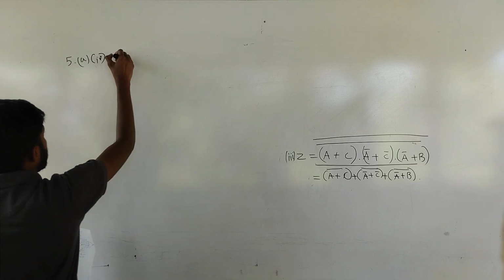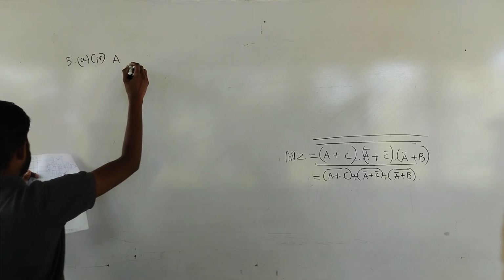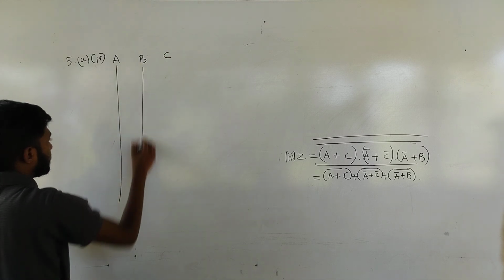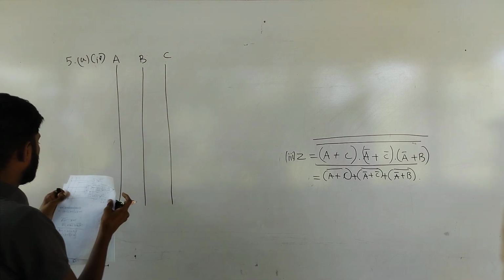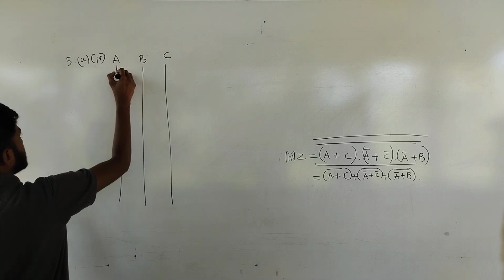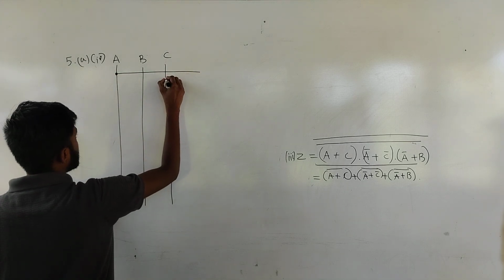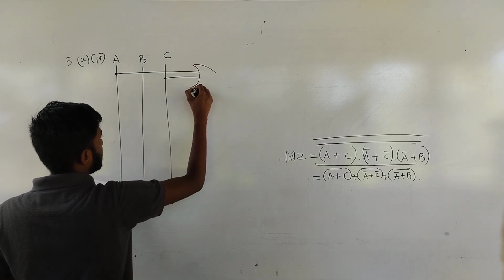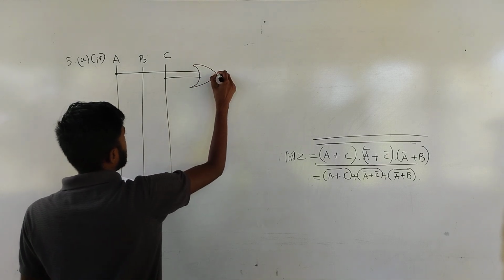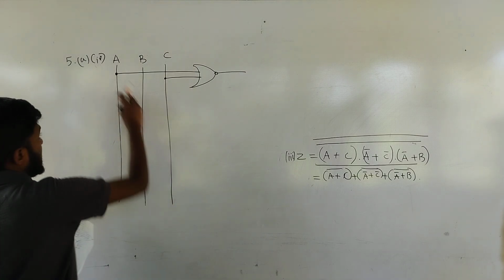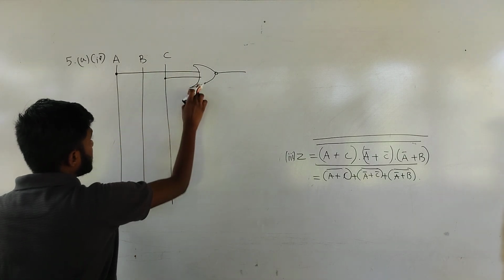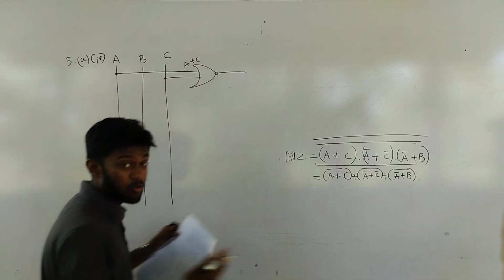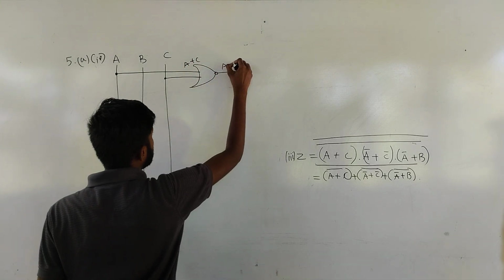So here let me take A, then we have B and C. Now let me take this A and this C, then make a NOR gate. Right, now look here, A is coming from here, C is coming from here, that is A plus C, so when it passes through the NOR gate, it is going to be (A plus C) bar.